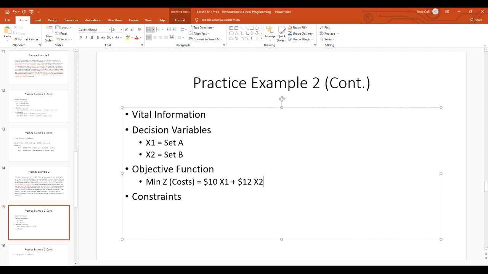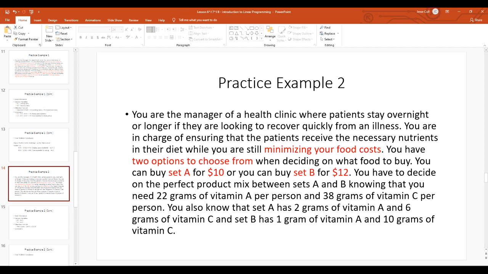Instead, we see that our constraint situation, we have to ensure that patients receive the necessary nutrients. That is a limitation. We can't buy zero because if we buy zero, people can't eat. So instead, we have to look at what nutrients they require.